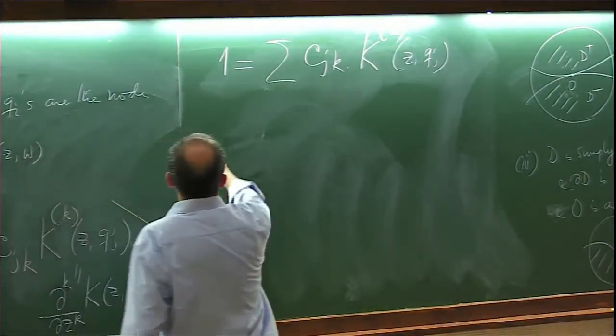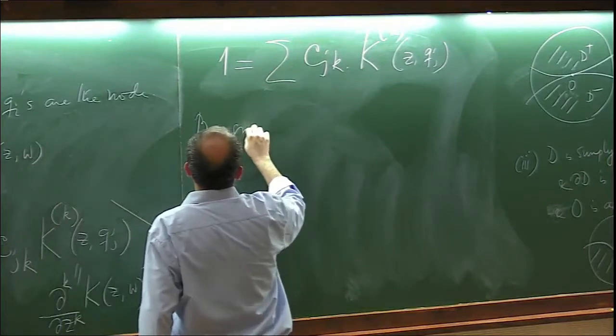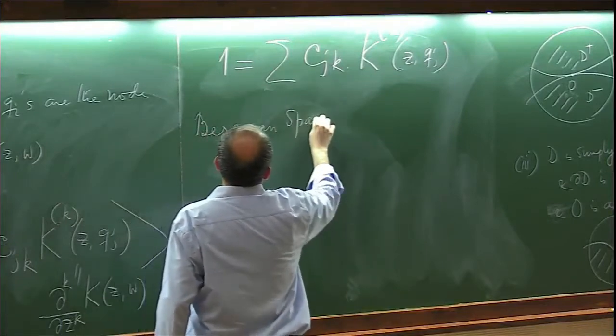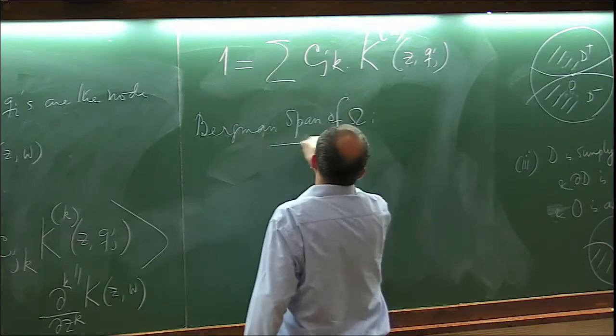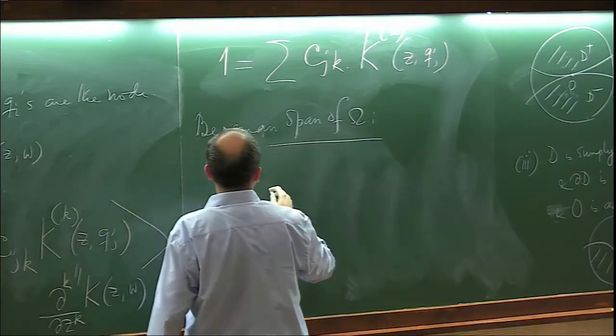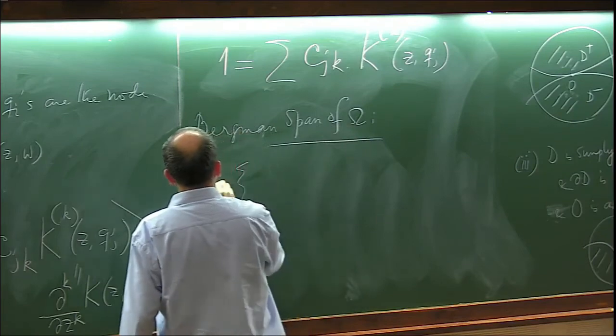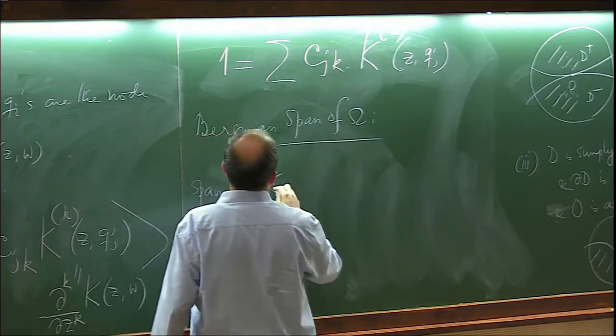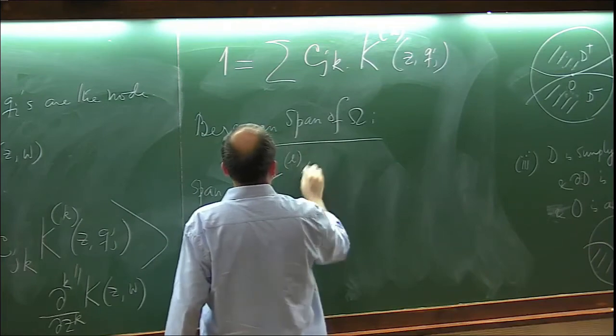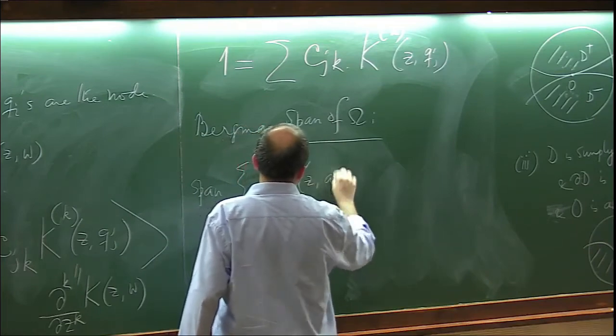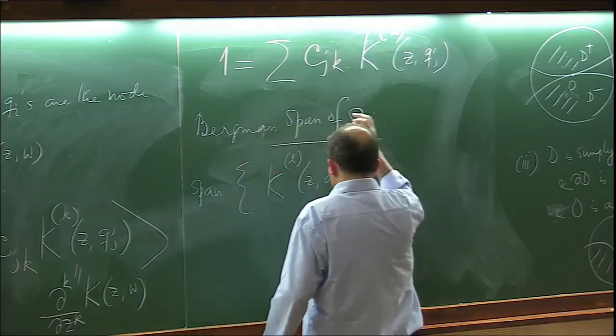So we define the Bergman span of a domain omega. So this is the collection of the C-linear span of powers like this, derivatives.